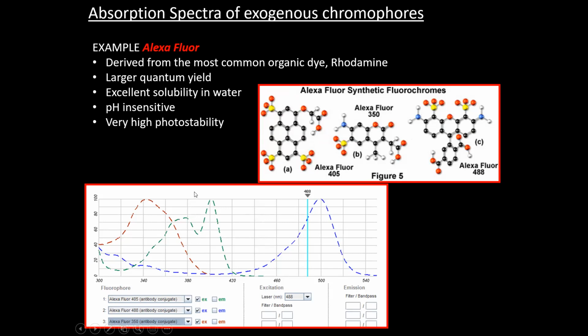Now, there is a very nice software named the Spectra Viewer that you find on the internet, and you can see the absorption spectrum of these molecules. Let's see this. Let me Google this. First of all, I share my screen.